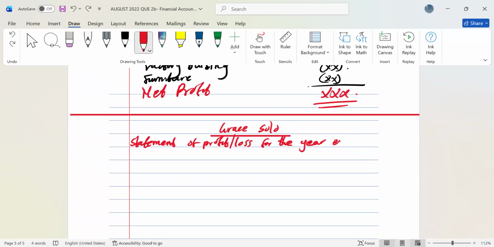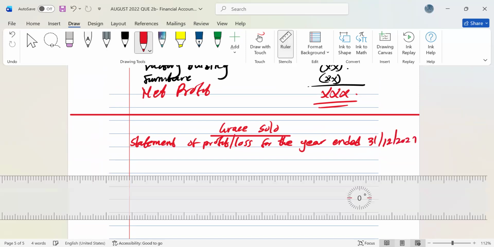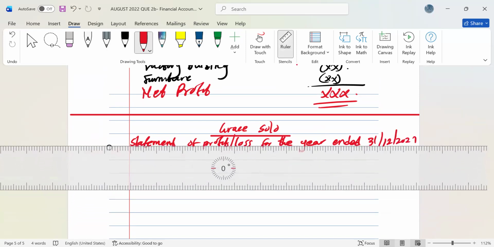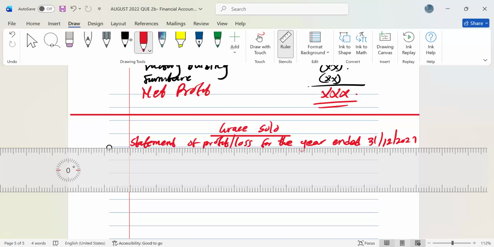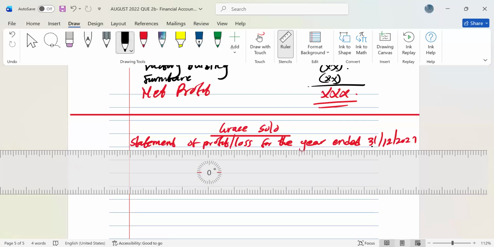The year ended 31st 12/2021. Then you remember to underline.